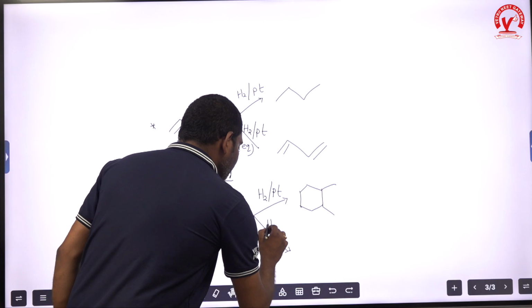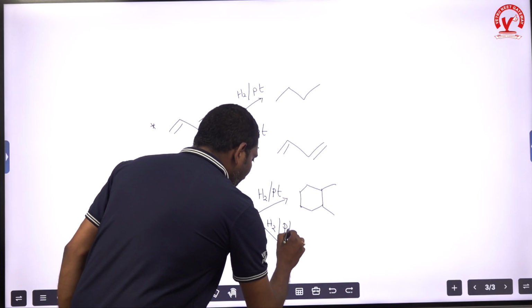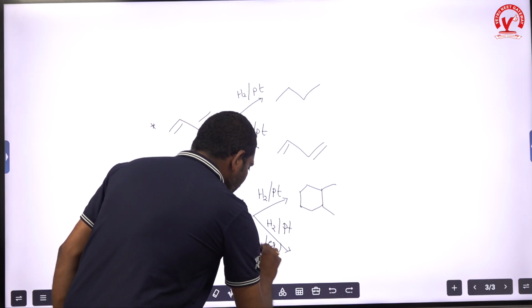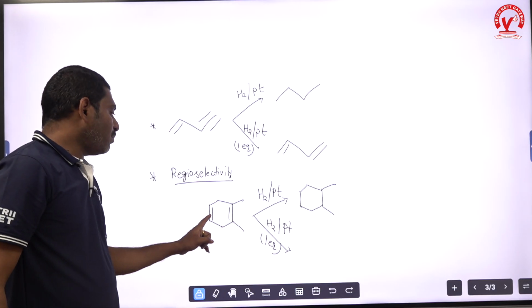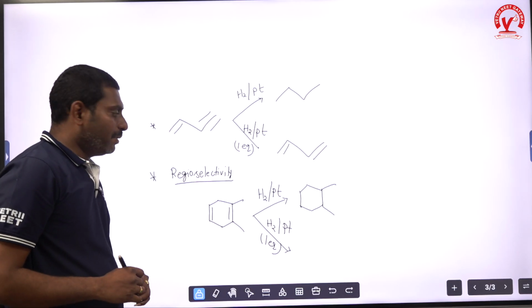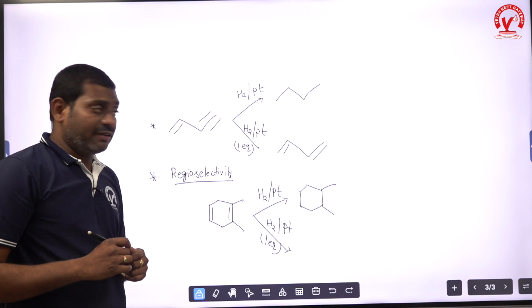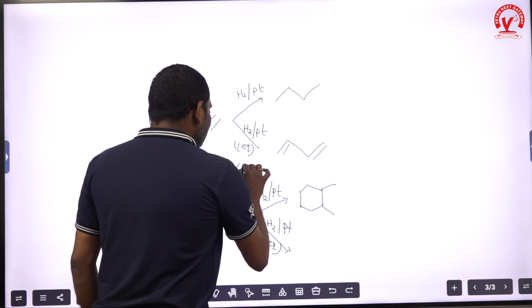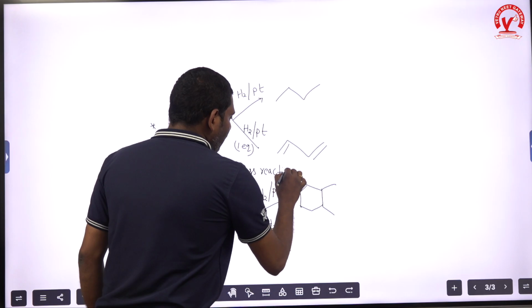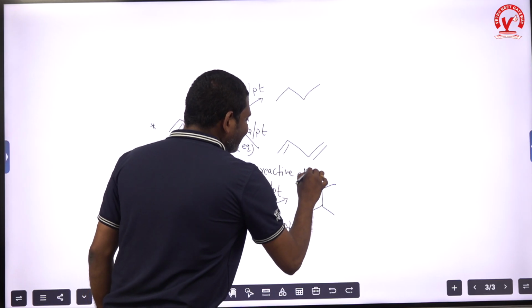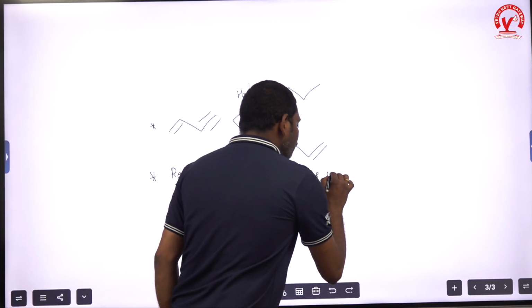Then with hydrogen in presence of platinum at one equivalent, means one hydrogen is there, so this pi bond will break or this pi bond will break. This is the regioselectivity: the less stable alkene will be reduced first.